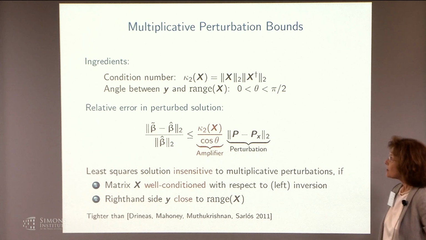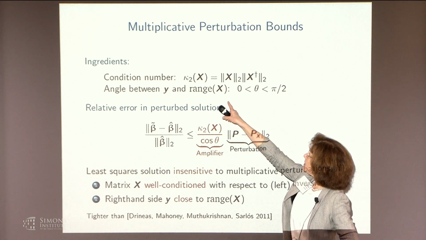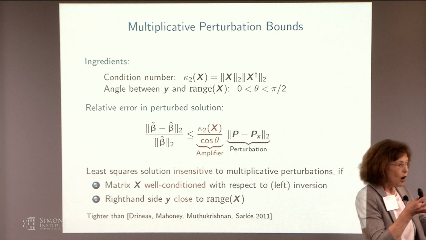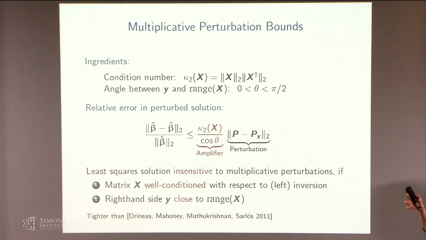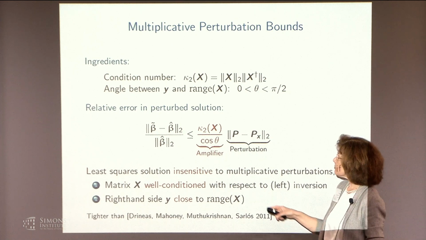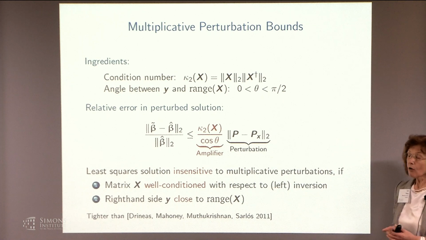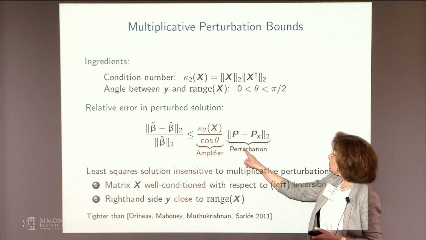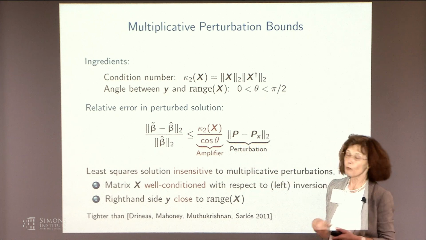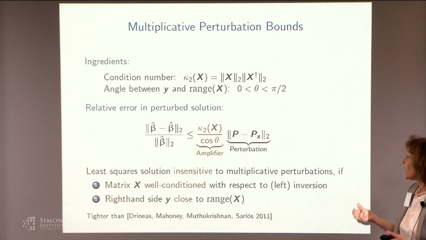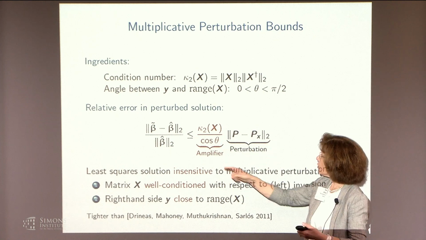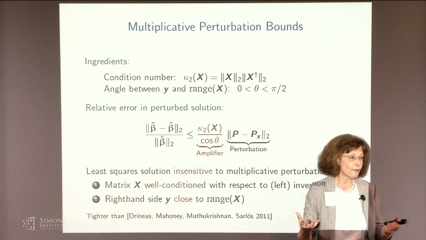And then we're also interested in the angle between the range of the design matrix and the observation vector y to see how much the matrix can capture the observations. And from the previous expression, we can get a bound for the error in the sketched solution. We can view the difference between the 2 projectors as the perturbation. That is amplified by the condition number of X, the aspect ratio, over the cosine of the angle.